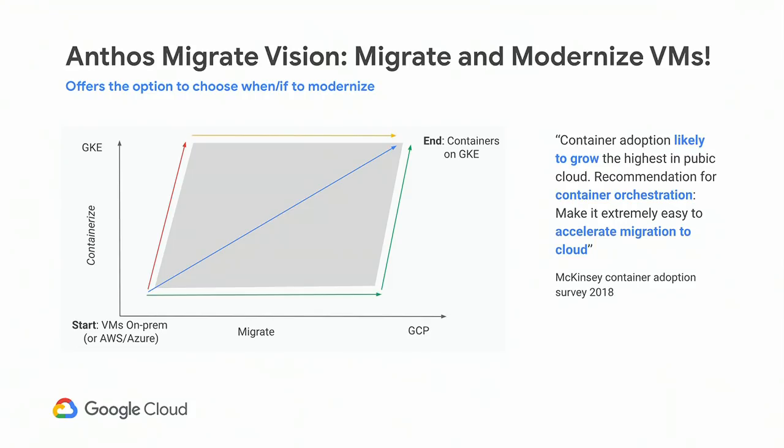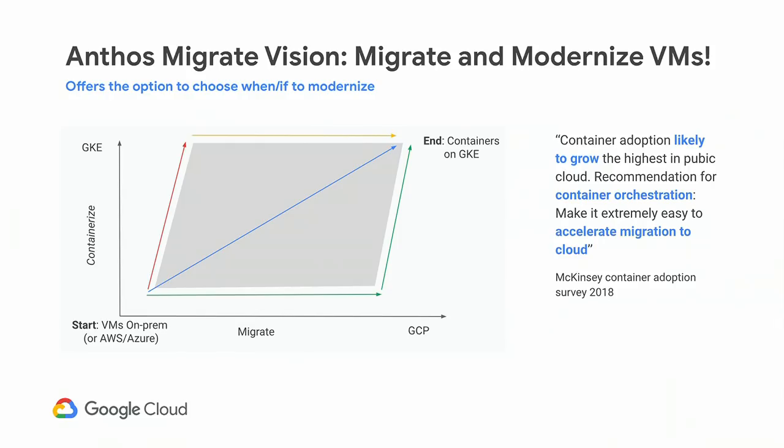And what you see here on this graph, we start to read this graph from the bottom left side, which is your starting point. You are either on-premise or another cloud, and you have a workload, okay? Then you can actually go directly and end your journey running on the top left side as a container on GKE. You can do that directly with Anthos Migrate, or we can do it also in a two-step process with Anthos Migrate.